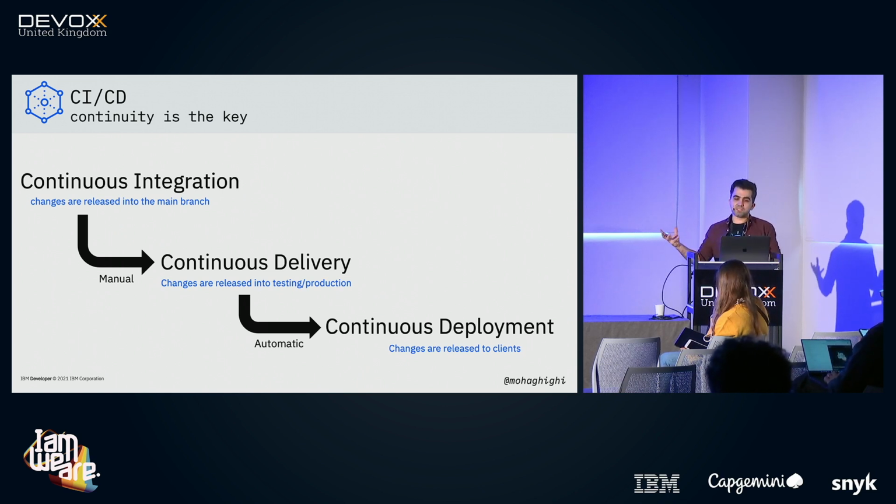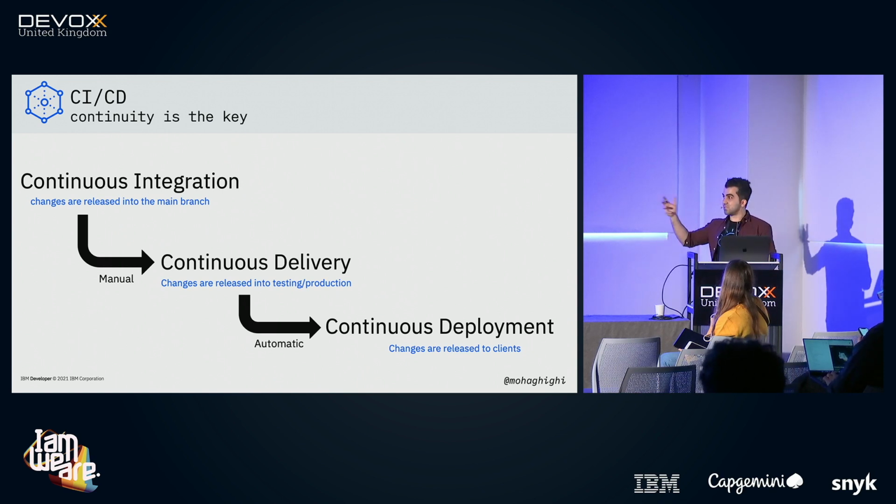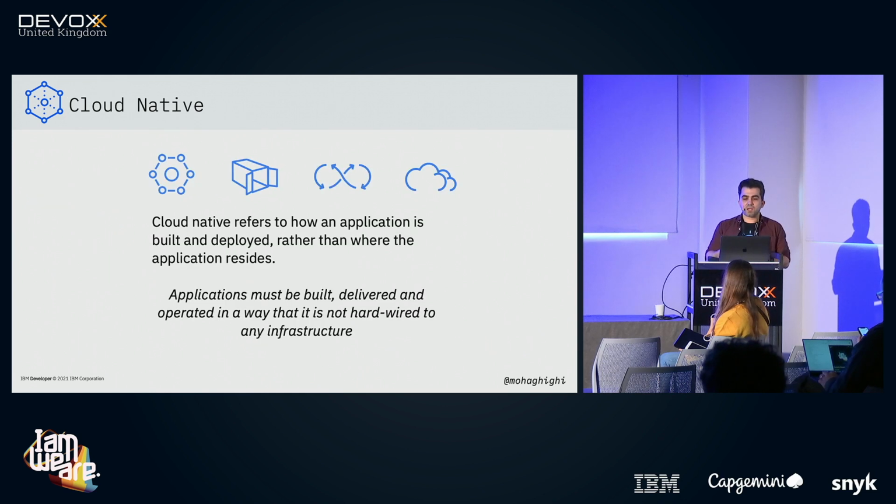Then continuous delivery automatically deploys all code changes to a testing and production environment for the build stage. And then the last one, continuous deployment, means every change that passes all the stages of your production pipeline is released to your customers. So the first transition is manual, whereas the second phase is automatic. And again, most of the complexity of DevOps is because of this.